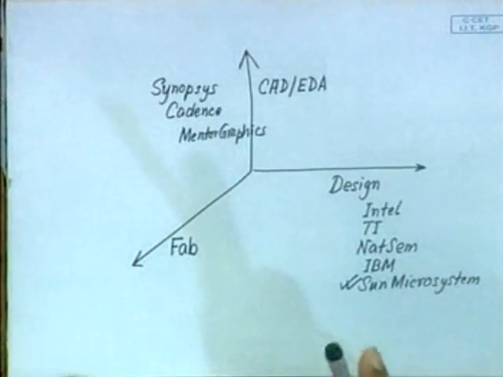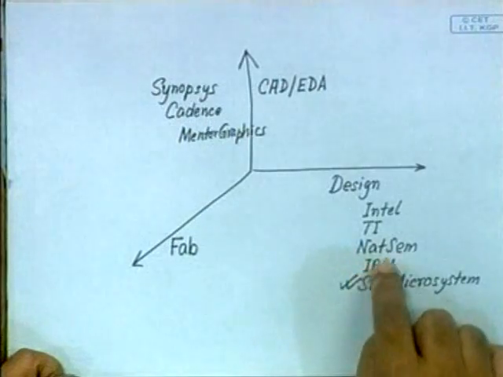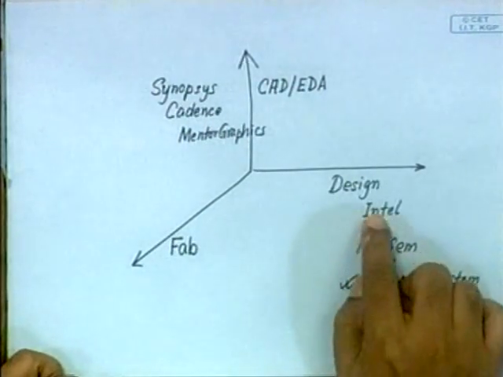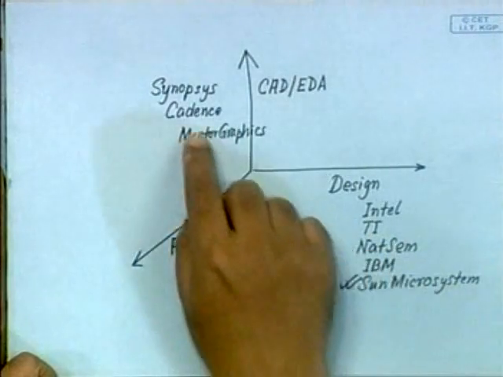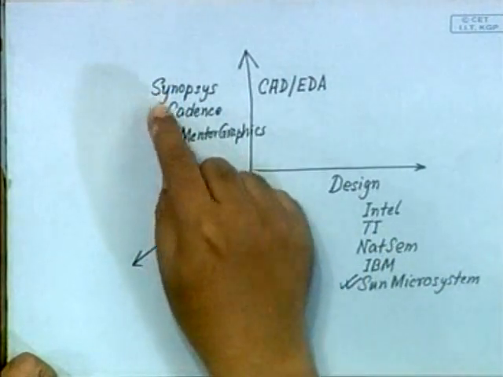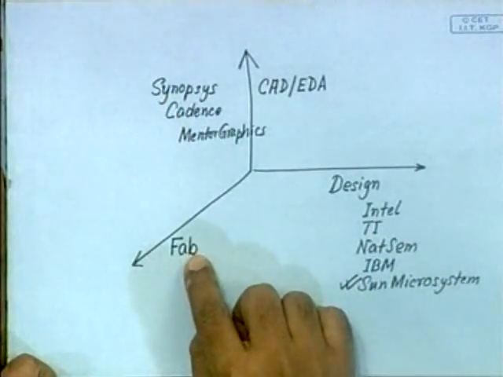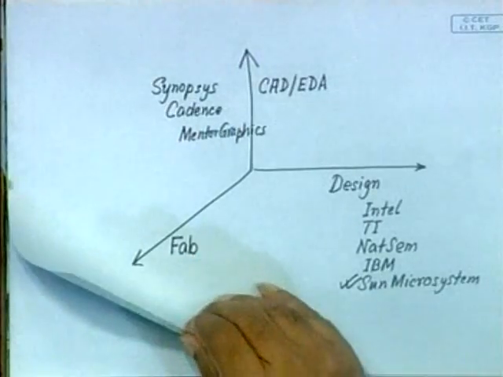The CAD companies work with them to find out what their tool requirements are and develop those tools. In this course, you will get a lot of this part, how design is done. You will get a little of this part and a very little of this part. We have research groups on all three of these in various capacities.